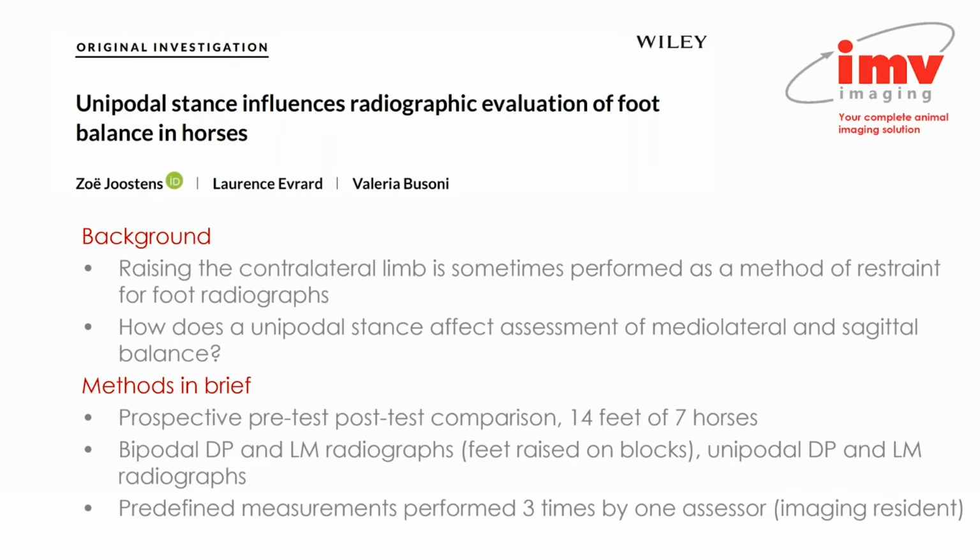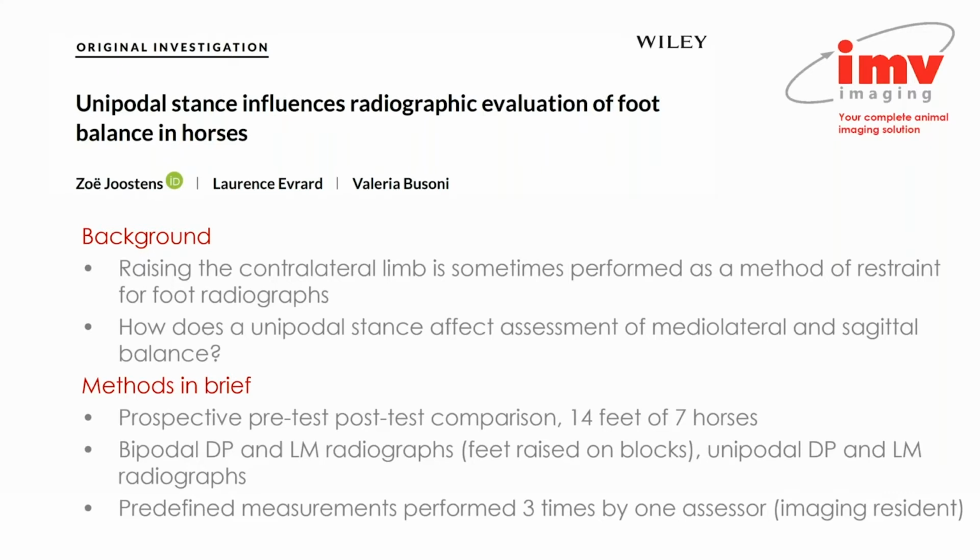So their methods in brief, they had 7 horses and they used the front feet of both of them, so that gave 14 feet, and they were comparing pre-test versus post-test in a prospective study. So they acquired dorsal palmar and lateral medial radiographs with the horse in a bipodal stance.